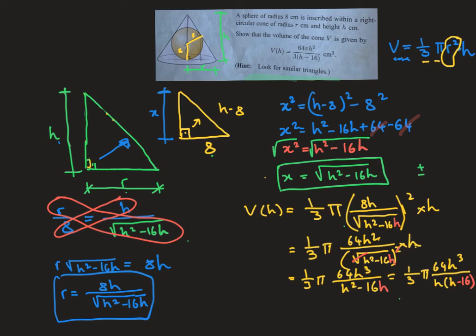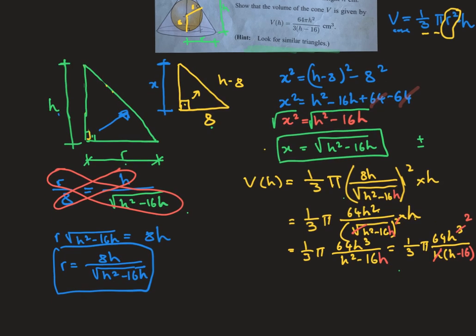What is beautiful? We can cancel out one h. You're going to be left with h to the power of 2, and therefore we should now have the final answer, or the answer that has been requested, and h take away 16. So this is the answer.